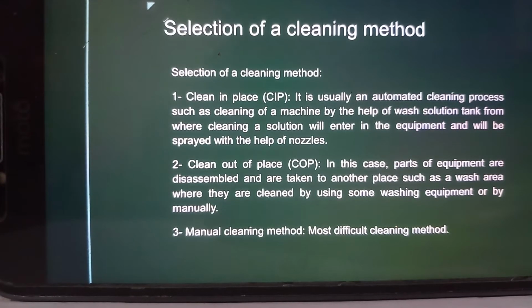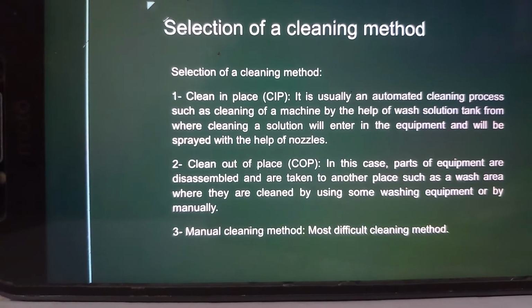And clean in place is generally referred to an automatic cleaning process where the machine can be cleaned by the use of some washing solution tank with the help of nozzles and spray balls. And clean out of place is a method where the equipment parts are disassembled and taken to a separate area like washing area, where they can be cleaned by using some equipment, or also manually they can be cleaned.